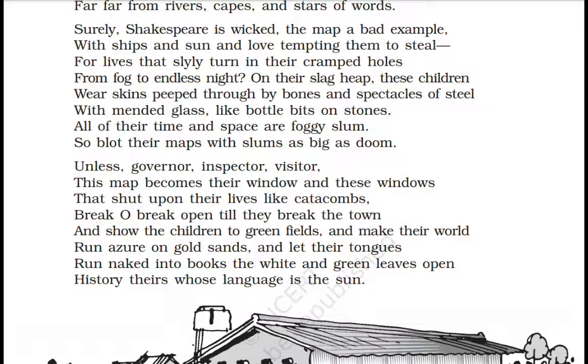From fog to endless night, their life starts with darkness and ends in darkness. There is no light in their world, because it is very difficult to come out of this despair, this gloomy life, because they do not have anything to come out of that life.